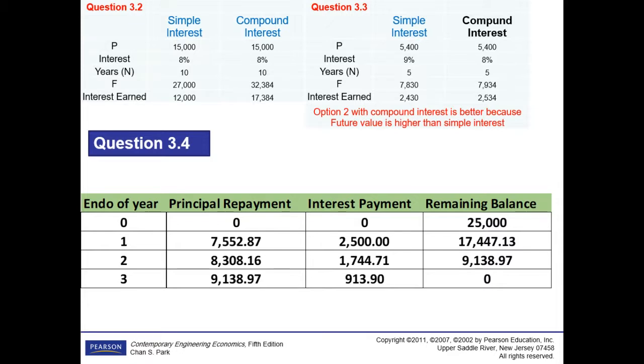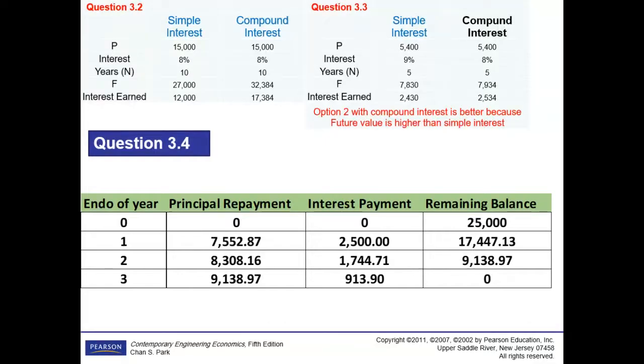Can you do the same thing for year 2 and year 3? For year 2, if you add the principal repayment column and interest payment column, what is the amount? Yes, it is the same. Yes, thank you. It will stay the same for year 2 and year 3.